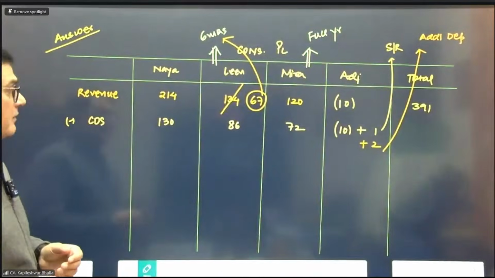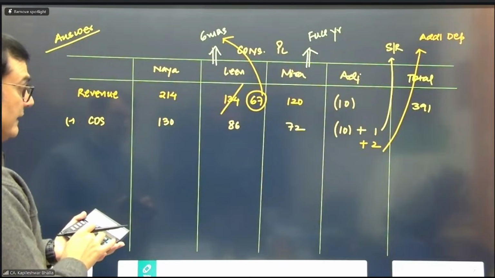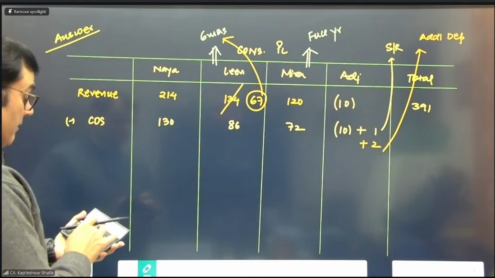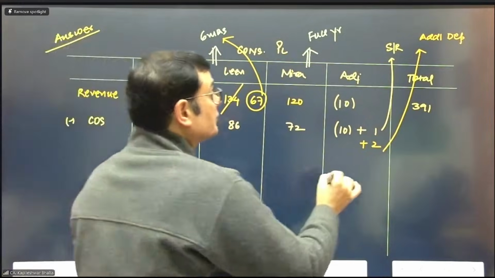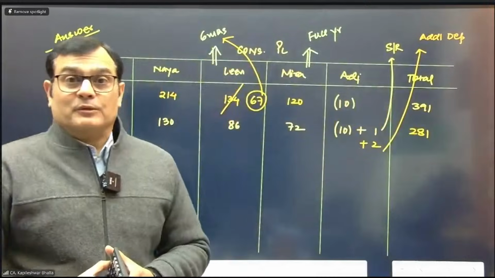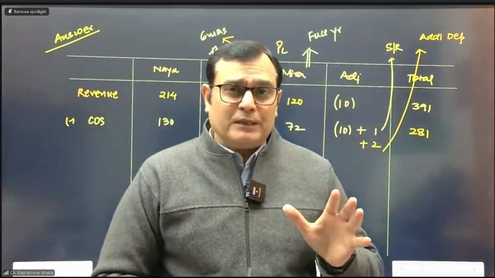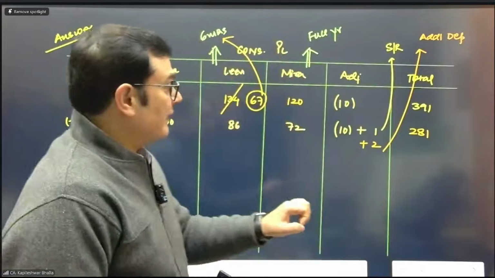Right, I think that takes care of the data. So let's take 130 plus 86 plus 72 minus 10, and this is going to be plus 3. This is 281. It's not as technical as a balance sheet, but you need to be very careful in terms of what you're adding and what you're subtracting.